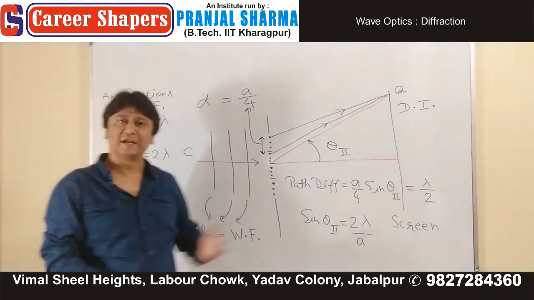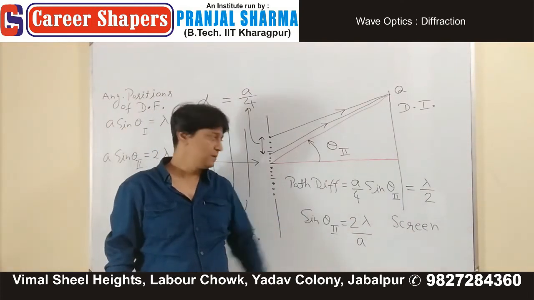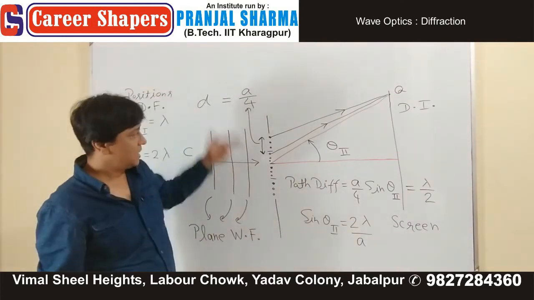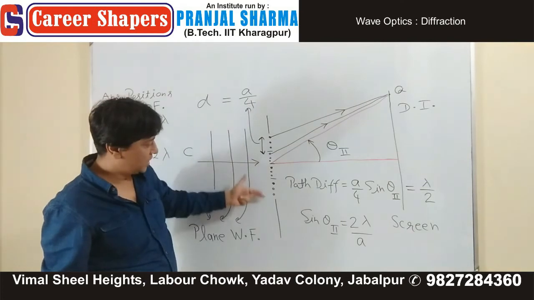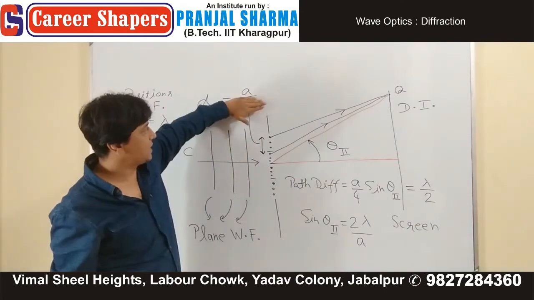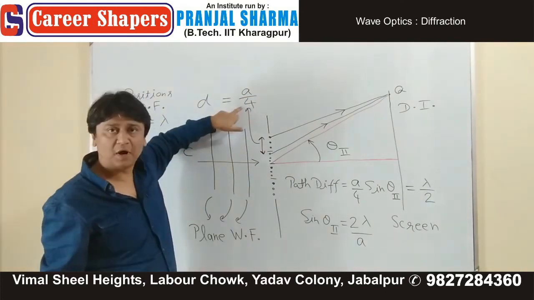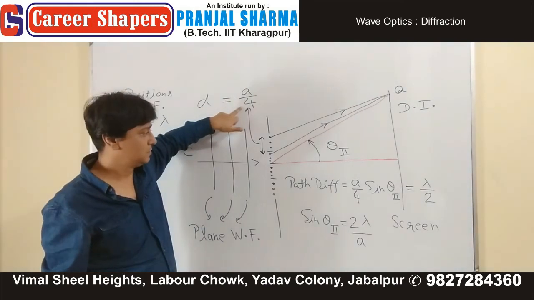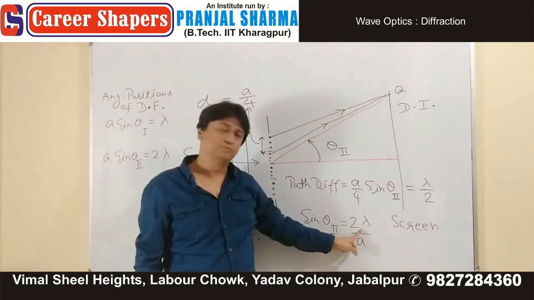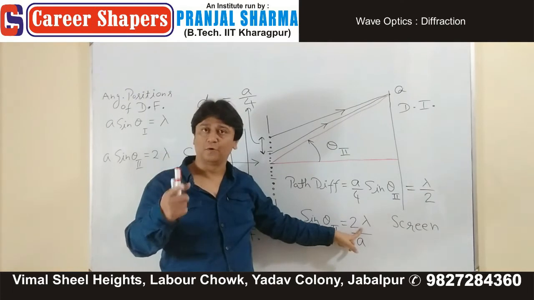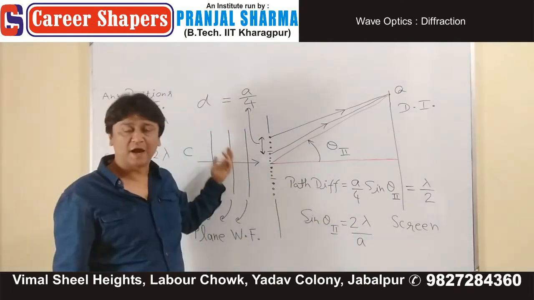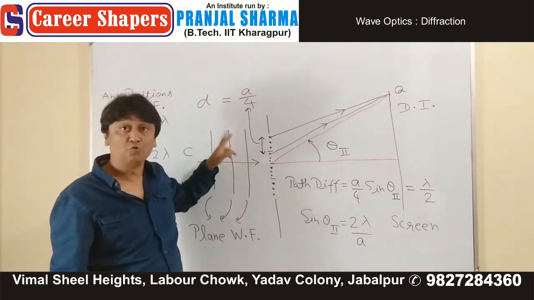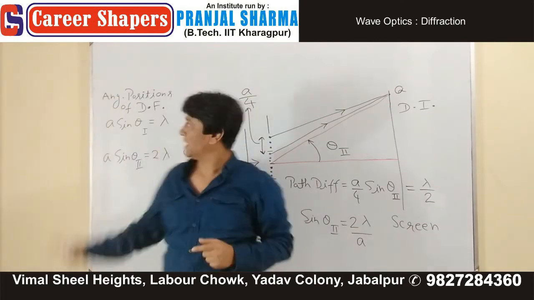This gives us an interesting result. What is that? If I divide the whole slit A in 4 parts, then I get 2, half of 4. In the first one, I had divided the whole thing in two parts, and what did I get? 1.